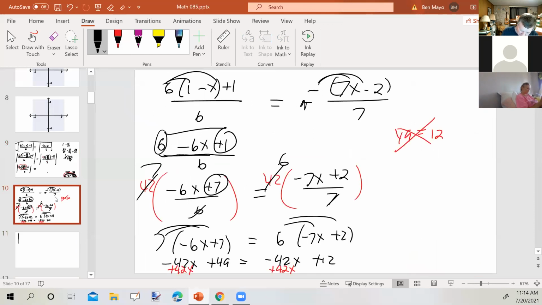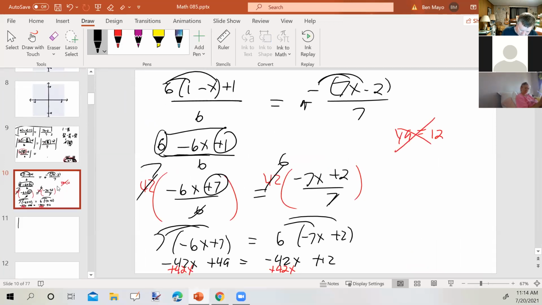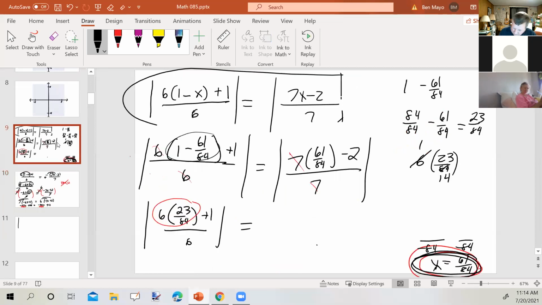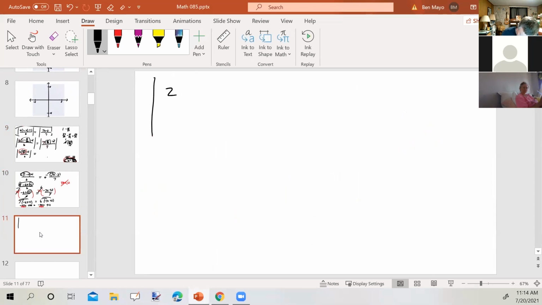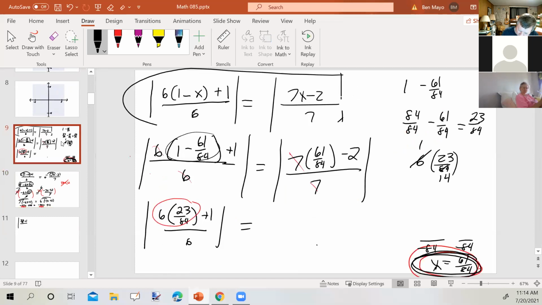So what happened here? Oh, I was going to go to the next page. Let's see, 23/14ths plus 1. So I've got 23/14ths plus 1 all over 6.